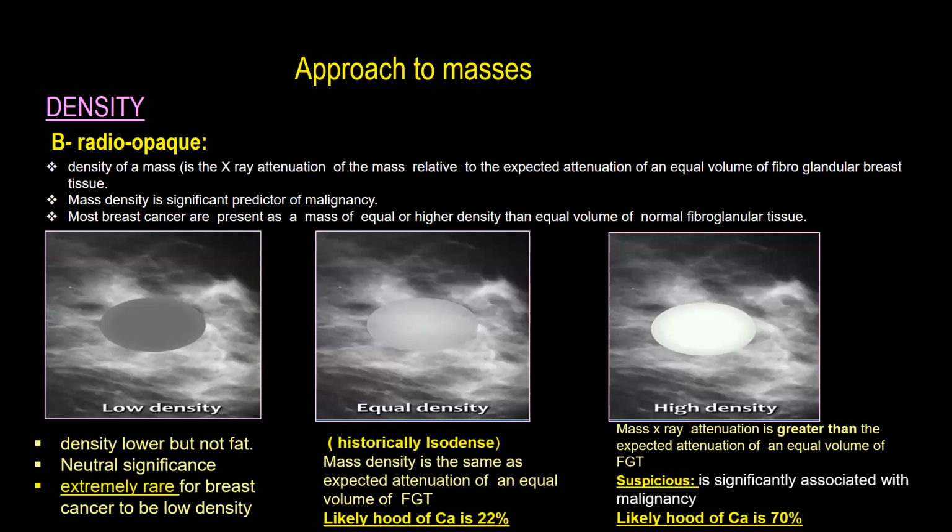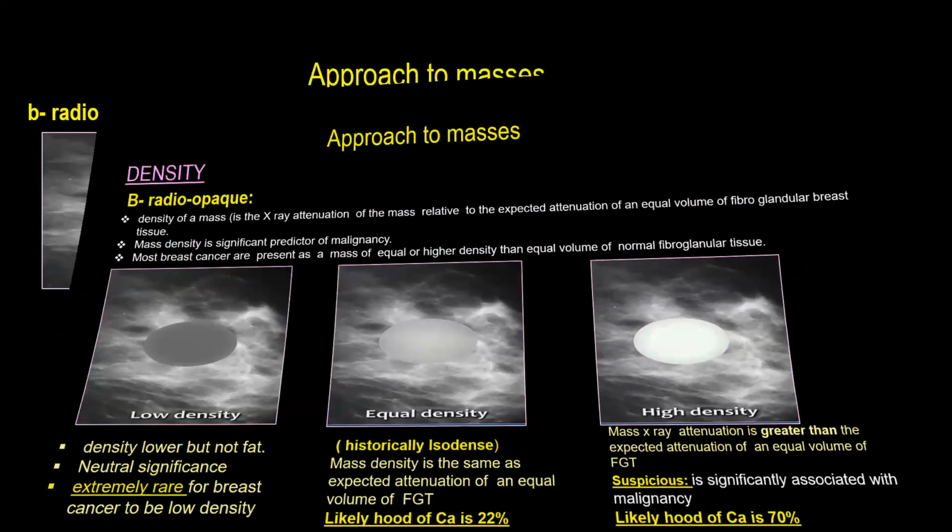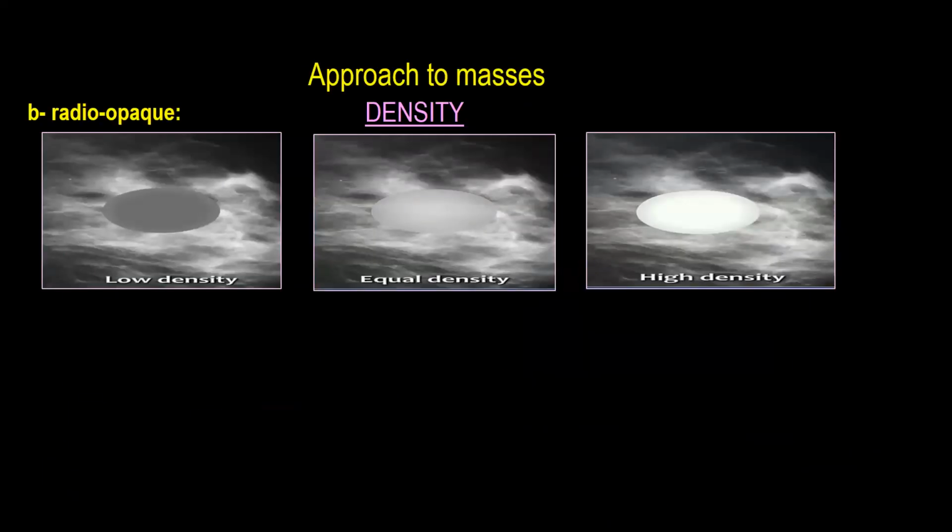If you have a high density mass, just to categorize by the density per se without other features: if it is equal density, you will give it BIRADS 4B. If it is high density, it will be BIRADS 4C. Then look for the other features. Okay.